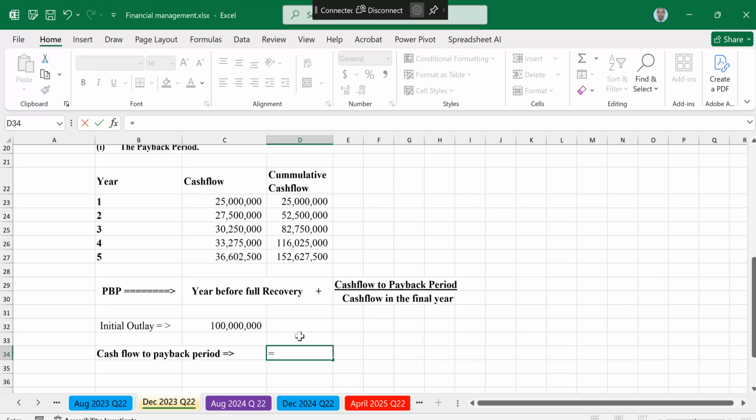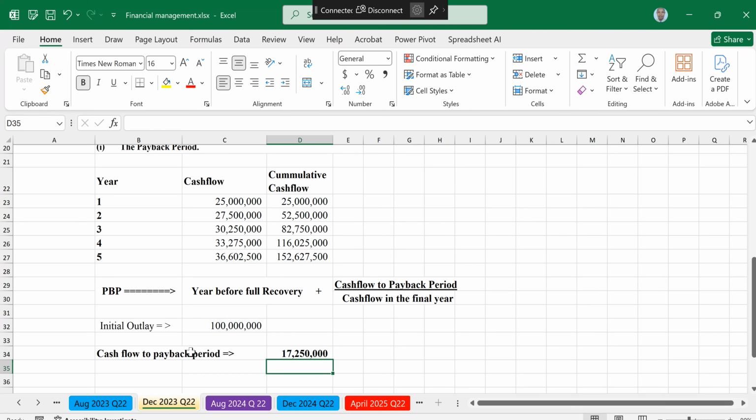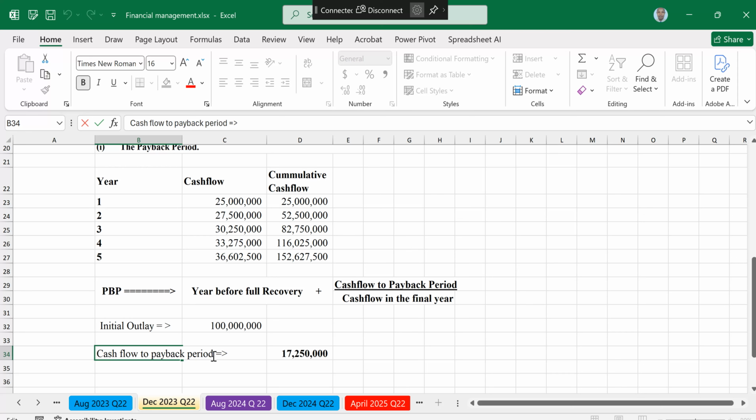Whatever remains if you stop at year 3, how much more do you need to get the payback amount? So you take 100 minus 82. So that is the cash flow to payback amount.